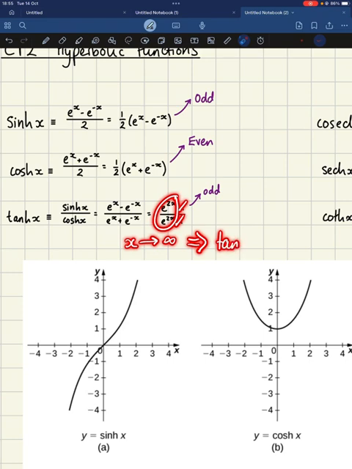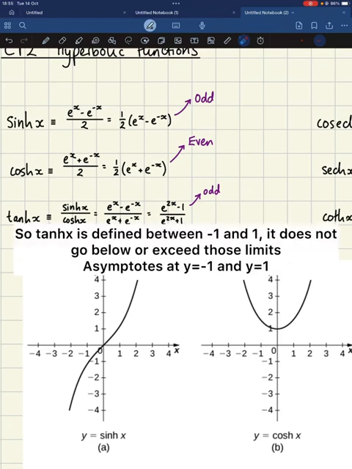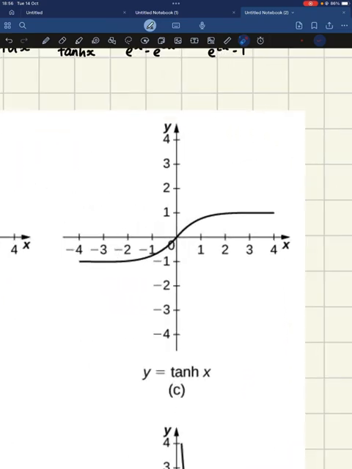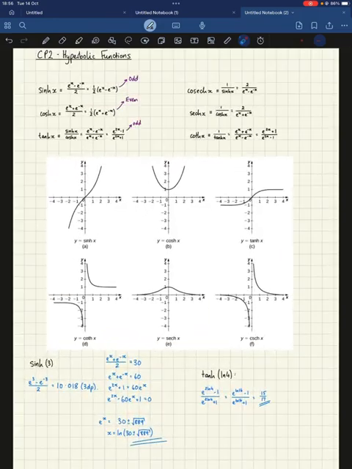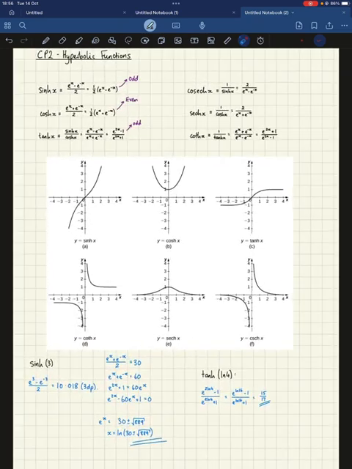So as x tends to infinity, tanh x will tend to 1. As x tends to negative infinity, for the tanh graph, there are asymptotes at 1 and minus 1. And there are also asymptotes for here and for here as well. Anything with a denominator like this will have these asymptotes. So these are the basics of the hyperbolic functions.